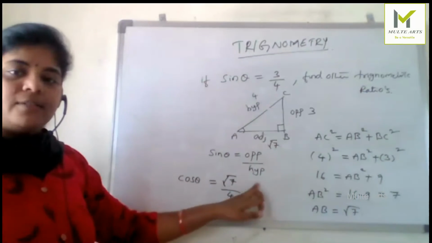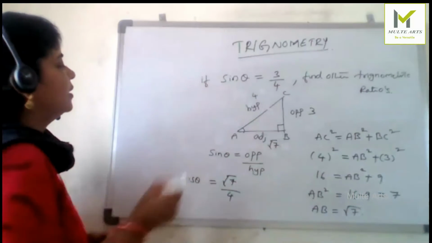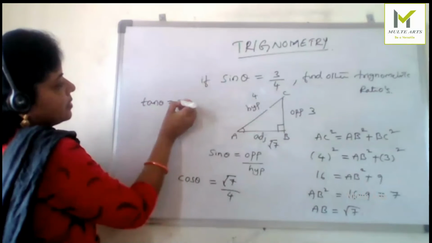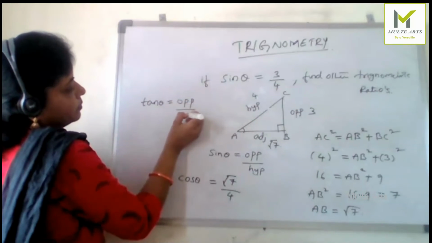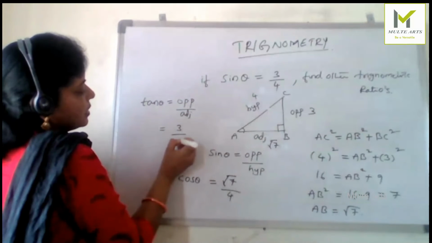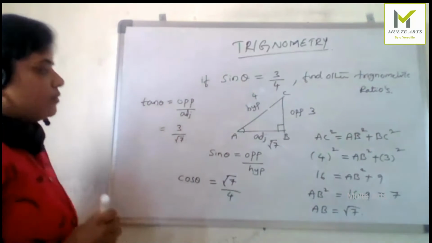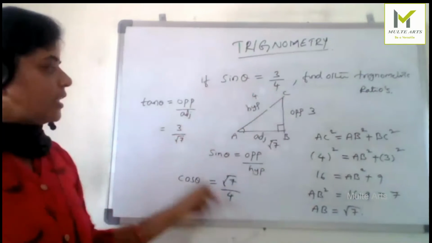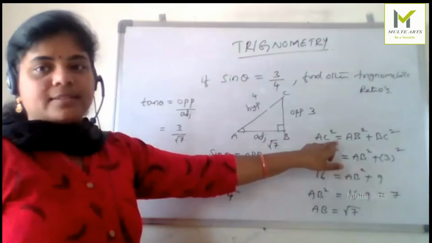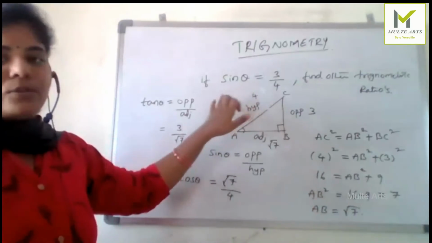So cos theta value is root 7 by 4. And tan theta is opposite by adjacent, that is 3 by root 7. So when one value is given, we can easily find the other trigonometric ratios by using the Pythagoras theorem, which is very important in trigonometry.